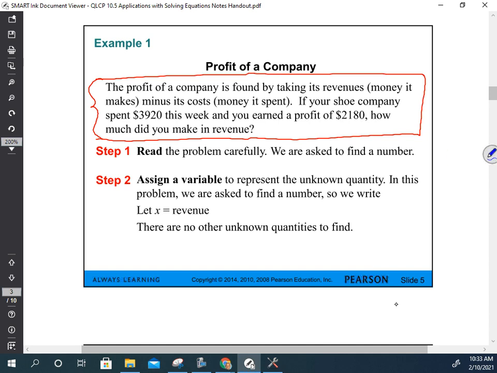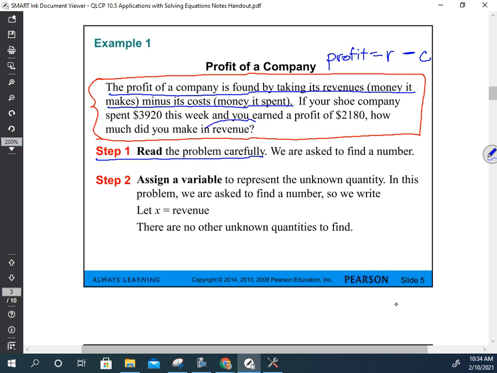So the first sentence tells you the general setup for profit. So profit equals revenues minus costs. How much money you made minus how much you had to spend. You spent $3,920, you earned a profit of $2,180. How much did you make in revenue? So step 1, read the problem.